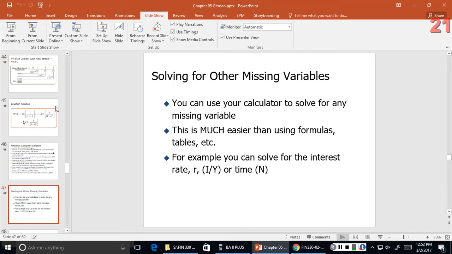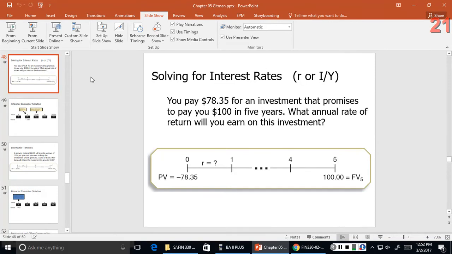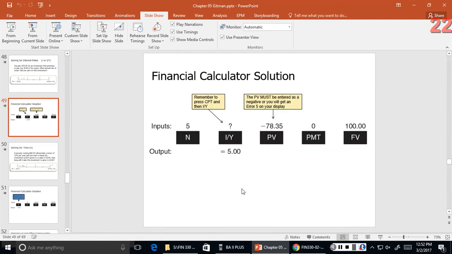So if we take a look at this, there's just a couple of pretty simple examples. This is solving for interest rates. It says, if you pay $78.35 today for an investment that promises $100 in 5 years, what is the annual rate of return you will earn on this investment? Well, here are your inputs.